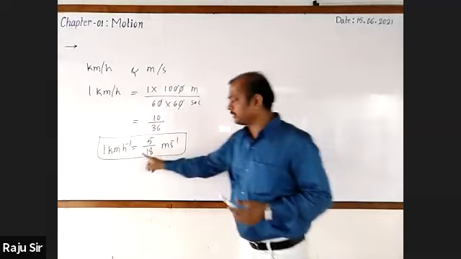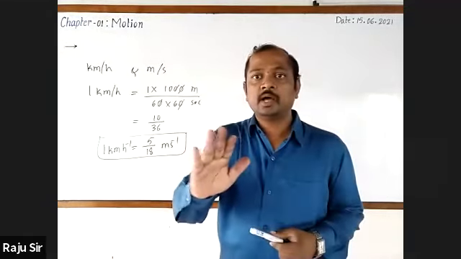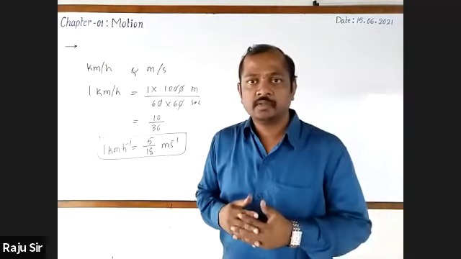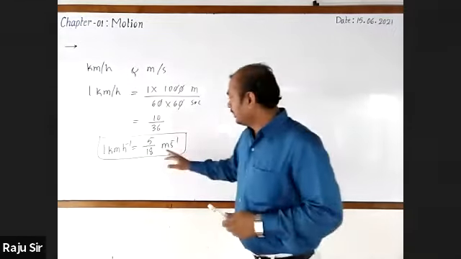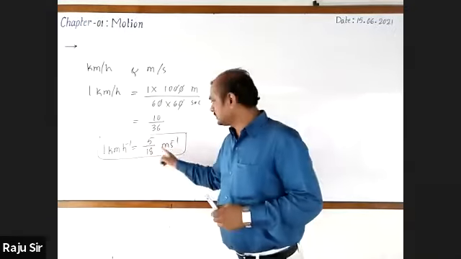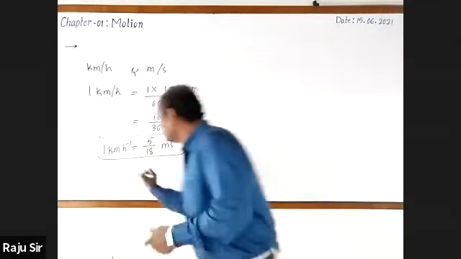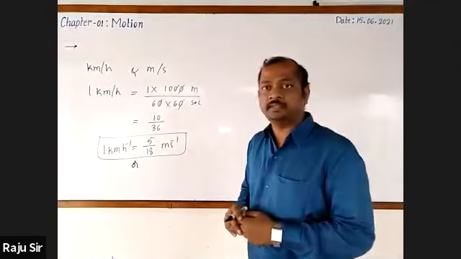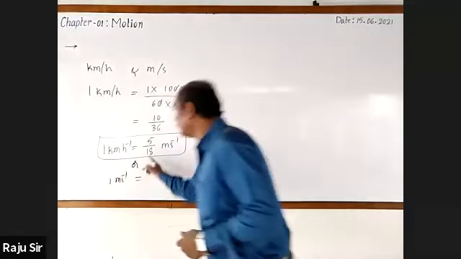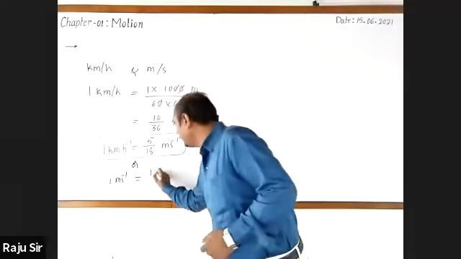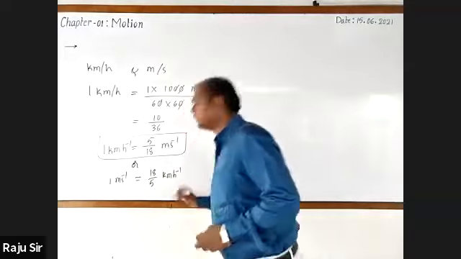I'll make you write. 1 kilometer per hour is 5 by 18 meter per second. Similarly, this can also be rewritten like this. 1 meter per second is equal to, cross multiplying, 18 by 5 kilometer per hour.